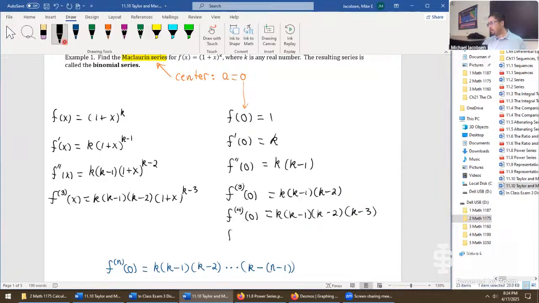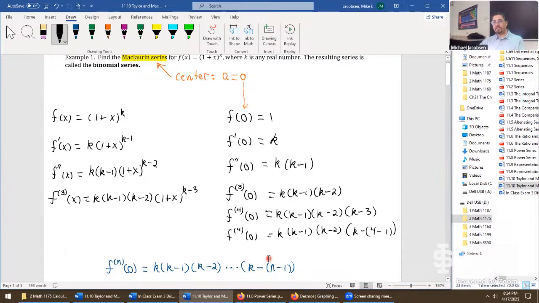Let's rewrite the fourth order derivative at 0 to be k, minus 1, k minus 2, k minus, then the n value minus 1. The n value on this one is going to be 4. And yeah, that simplifies, right? 4 minus 1 gives us the 3. This is just a k minus 3.